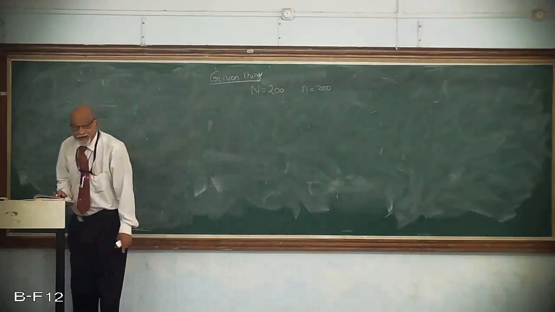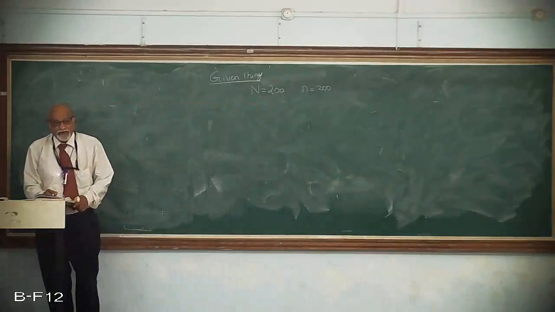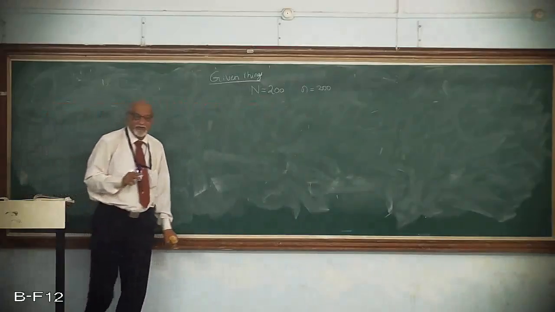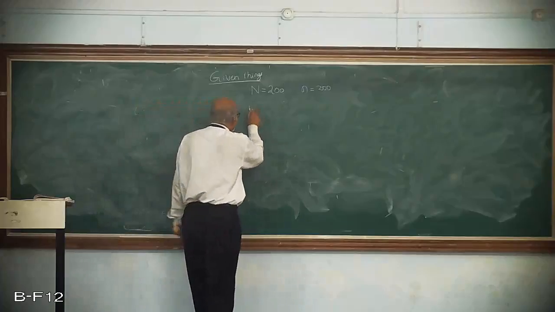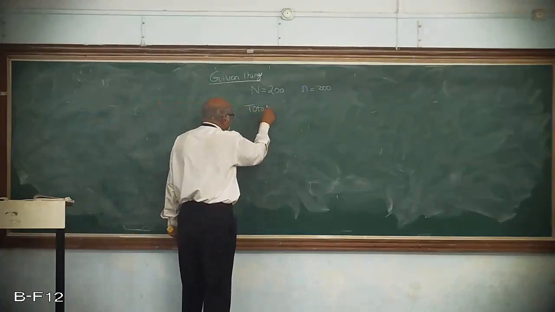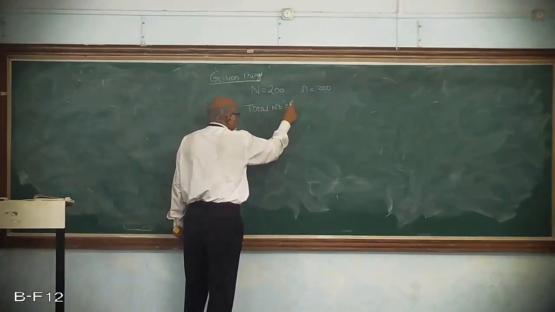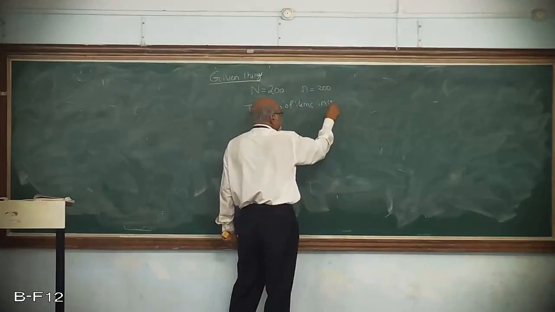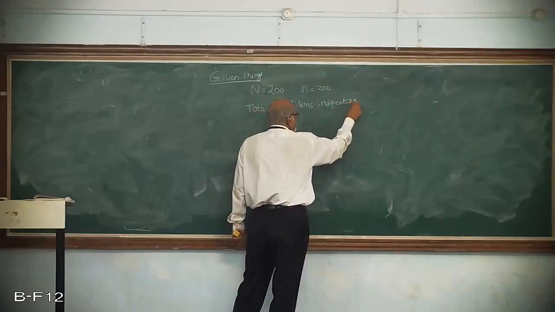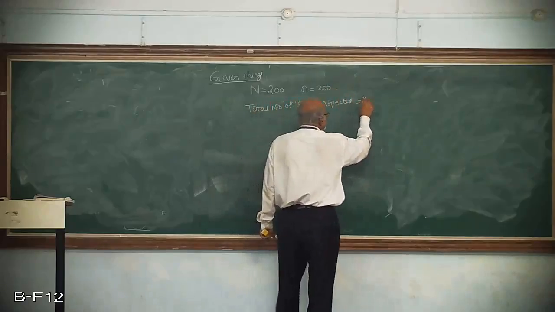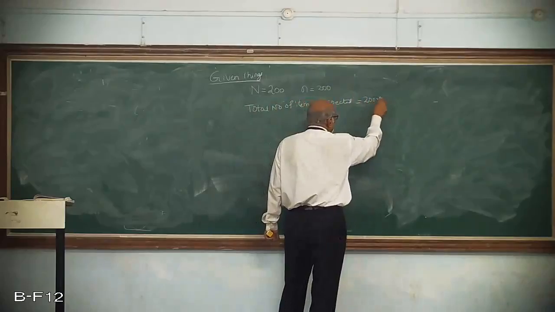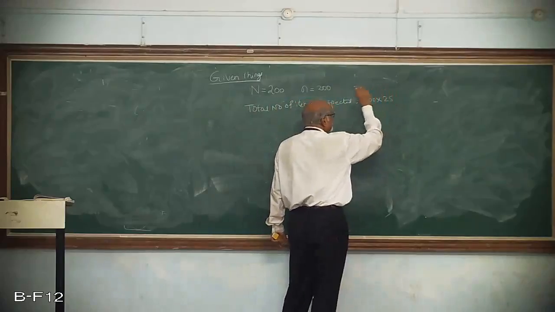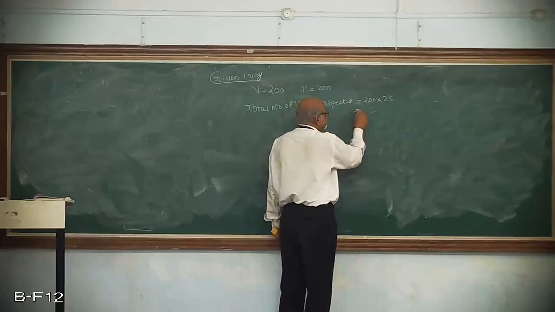Likewise, how many items were inspected? 25 lots. That means the total number of items inspected will be equal to 200 into 25, because 25 lots have been inspected.